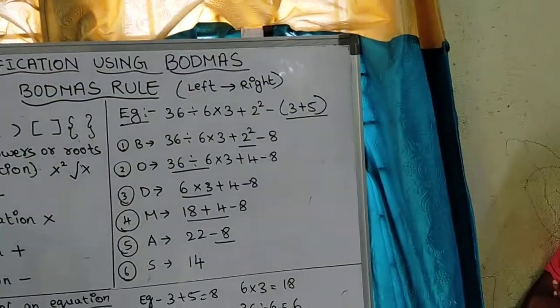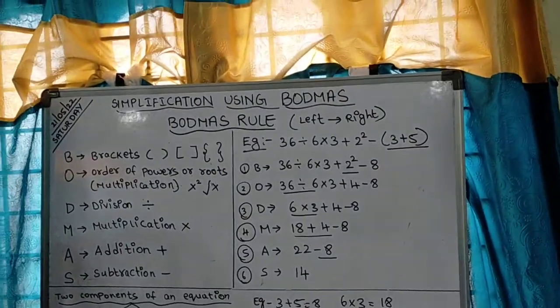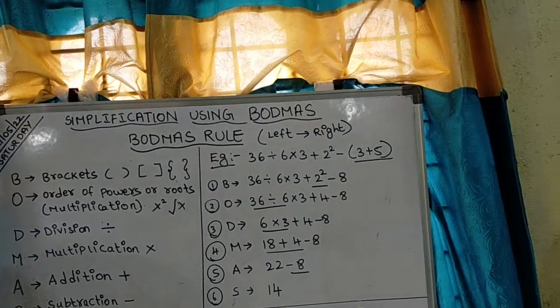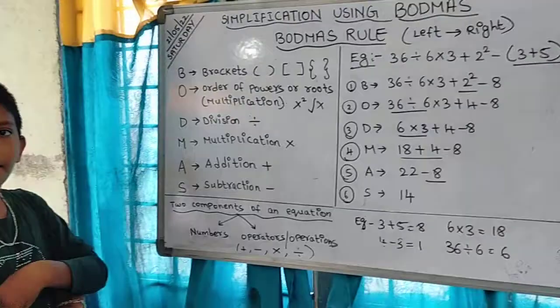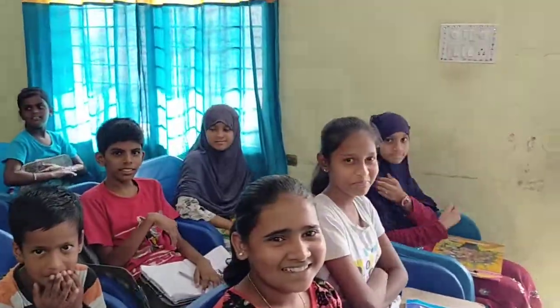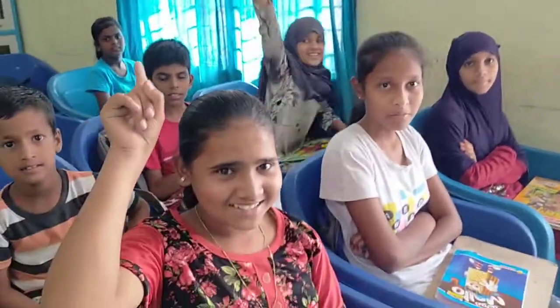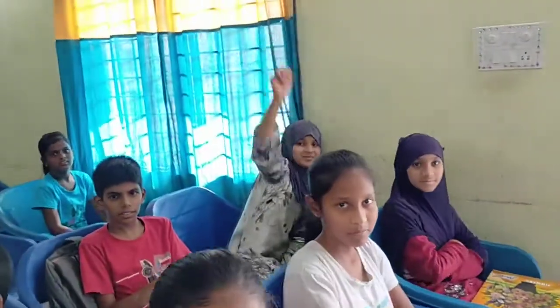As I have done this Bodmas class almost 3 times before in the tuition, let's see how much the old students remember. Hello kids. Hello, teacher. You all remember Bodmas? Yes, teacher. So tell me, what does Bodmas stand for? Okay, Habiba, tell.